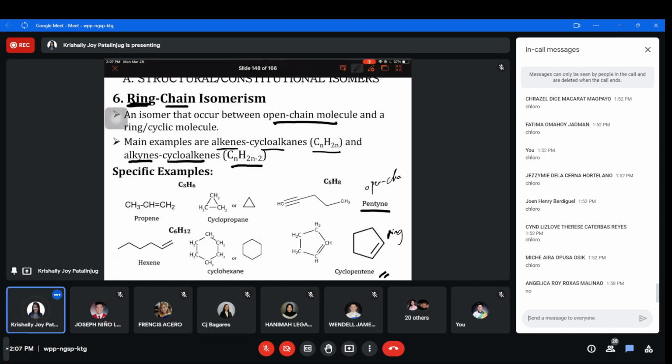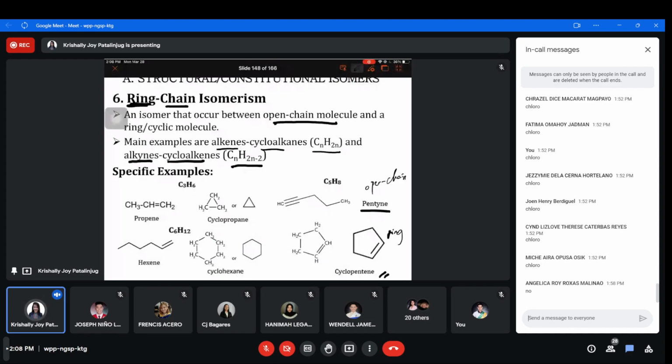So yan yung concept ng ring chain isomerism. Magkaiba yung structure nila, obviously, kasi yung isa in a ring form. The other one is in a chain, open chain form. Okay? So please take note of the key or hint nyo. Hint kung saan being observed ang ring chain isomerism.